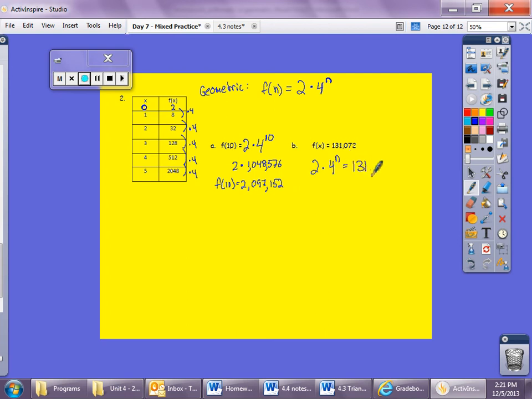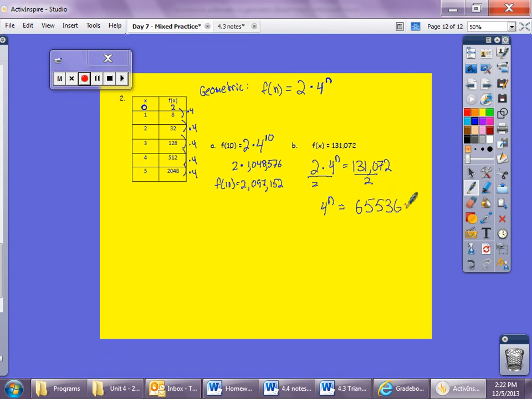131,072. To solve this, we divide by 2. So we have 4 to the n equals 65,536.